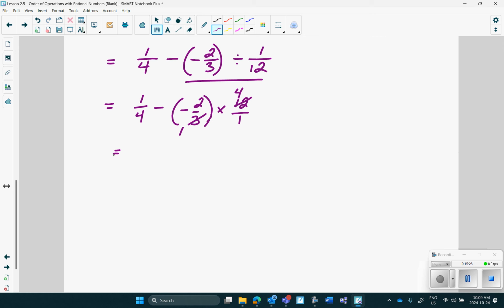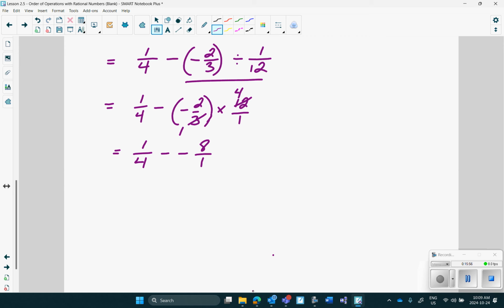So I'm left with 1 over 4, subtract. I'm multiplying negative by positive, so it's going to be negative 8 over 1. Now remember, I was telling you guys, when you have something over 1, change it just to the positive or negative number. But I don't want to do this yet. Why? Because I still have to add. So I'm not going to change it to 8 yet.